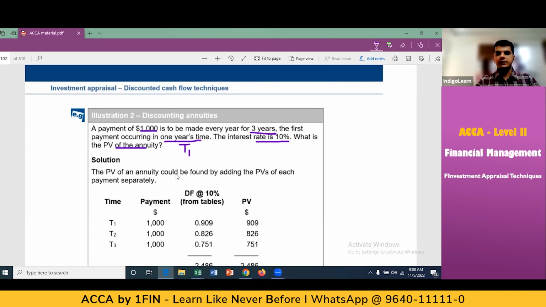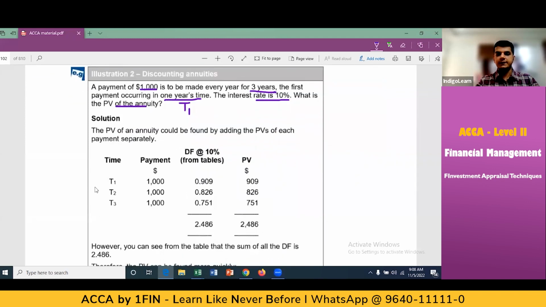So the present value of the annuity could be found by adding the present values of each payment separately. That is T1, T2, T3 payment. Discounting factors, present value factor you can see directly from the table. We'll just see it.